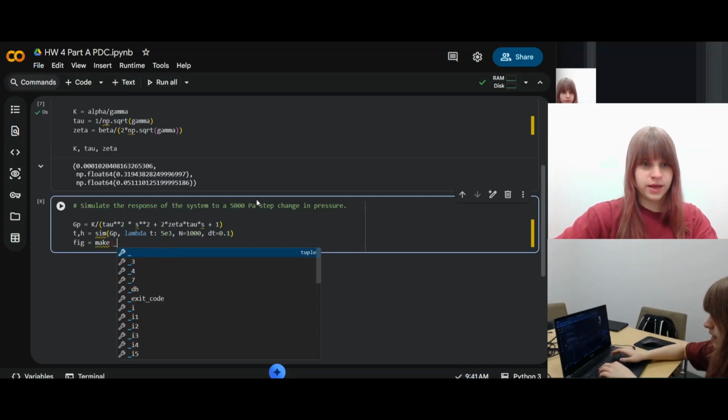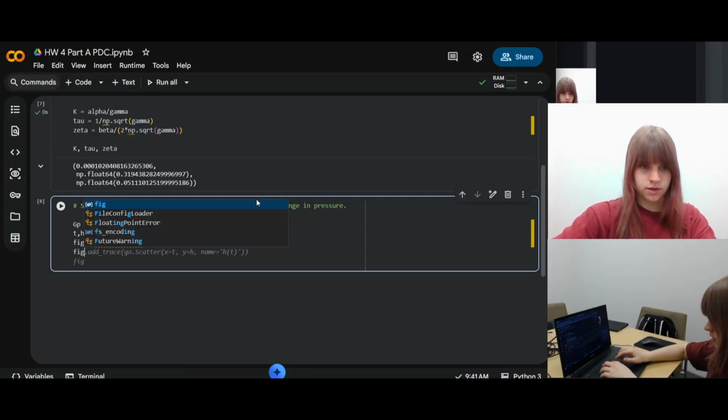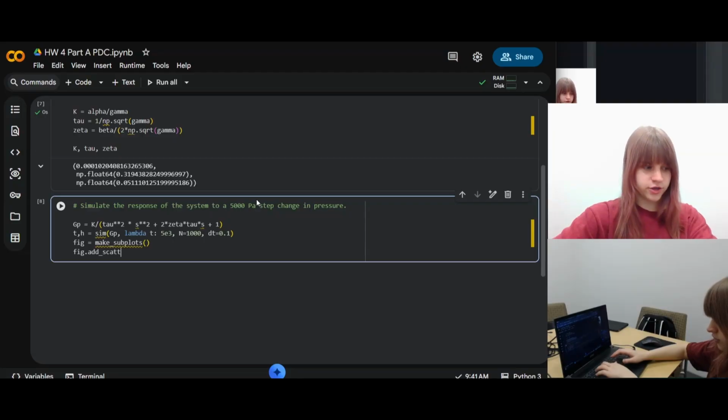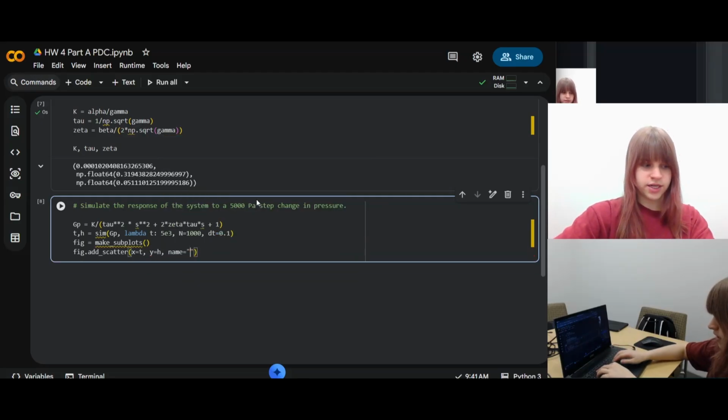We want to make subplots and add a scatter where x is equal to time, y is equal to the height, and we're going to name this height difference manometer.